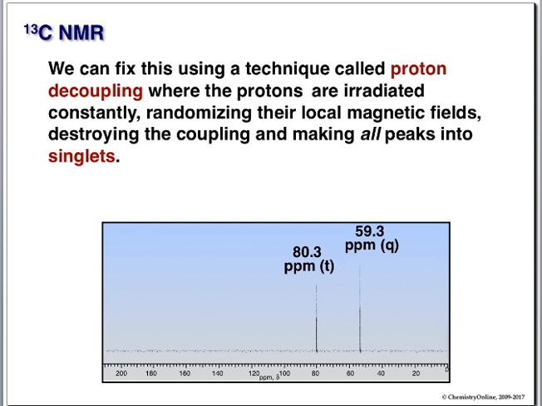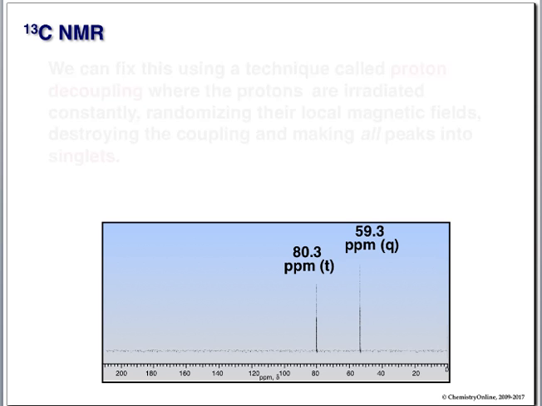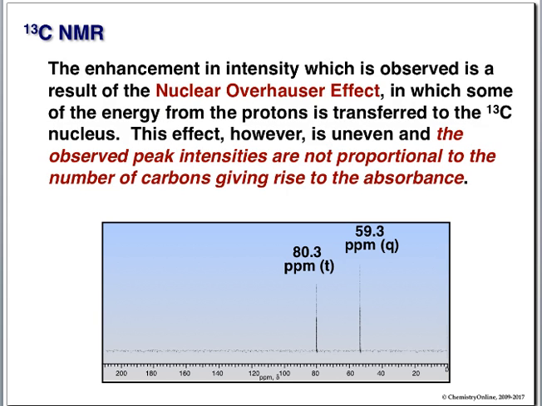Not only that, but something called the nuclear Overhauser effect. Some of the energy that you're pumping into these hydrogens, it's a trickle-down thing. It trickles down into the carbon. This shows up as an enhancement of the signal.